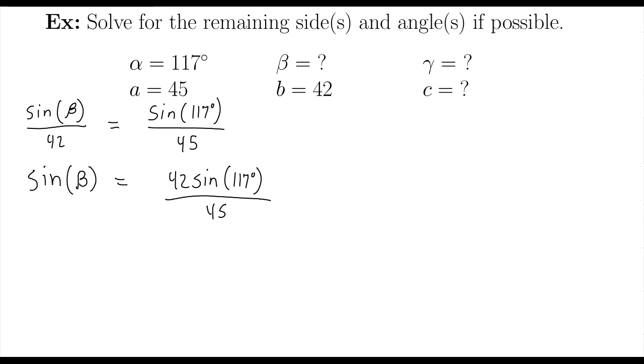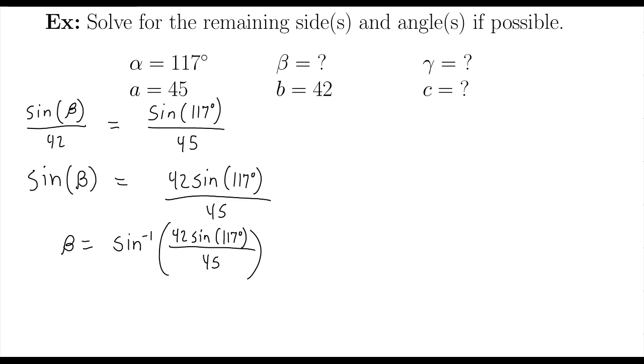And then to get beta by itself, I will use the arc sine or inverse sine function that you see on your calculator. This is another way of writing out arc sine, and that's what it looks like on the calculator.